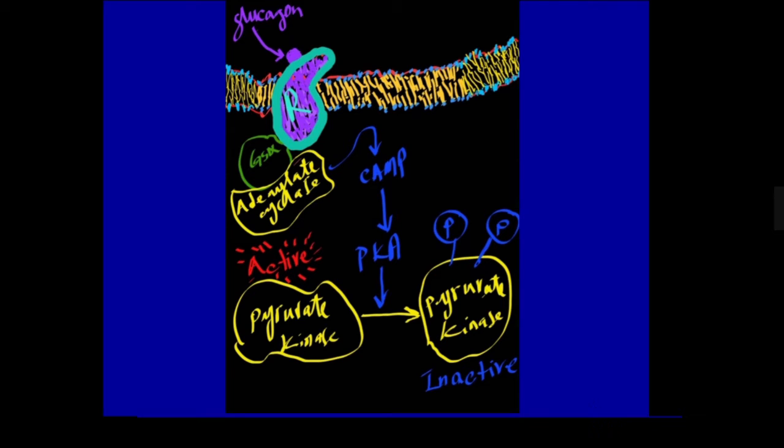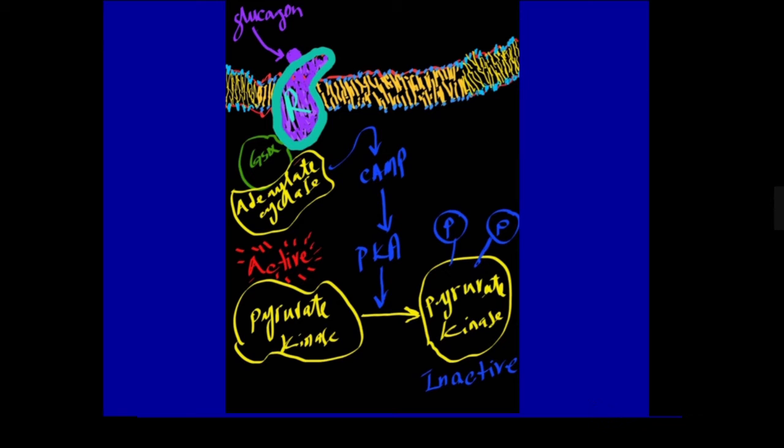This is pyruvate kinase. I hope you appreciate why we spent time on these covalent modification and allosteric mechanisms. This is all about that. So, this is the active form of pyruvate kinase. Pyruvate kinase can be phosphorylated by protein kinase A. You remember protein kinase A when we were talking about signal transduction, glucagon receptor, beta adrenergic receptor.